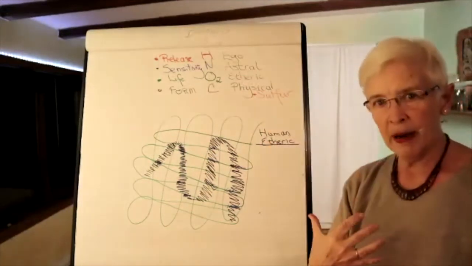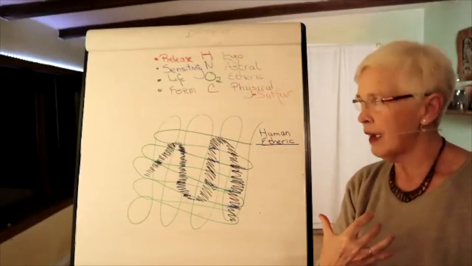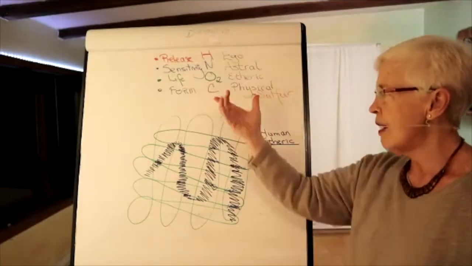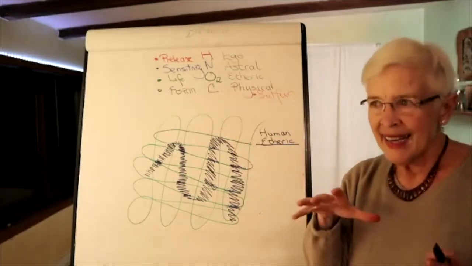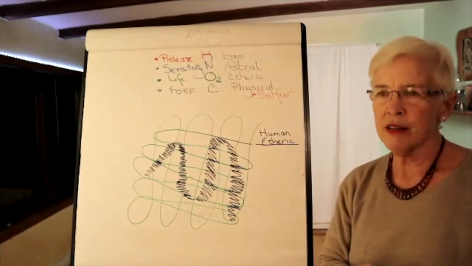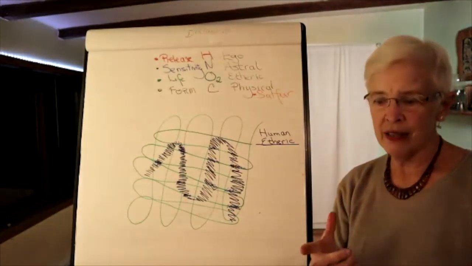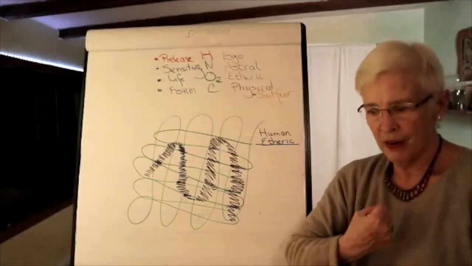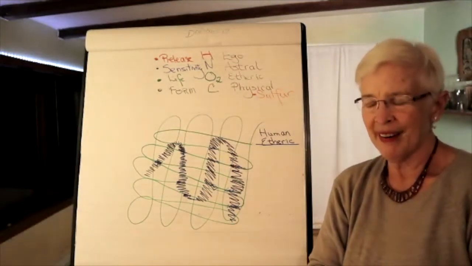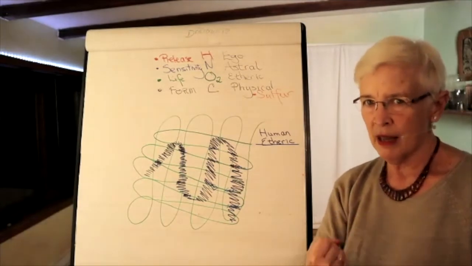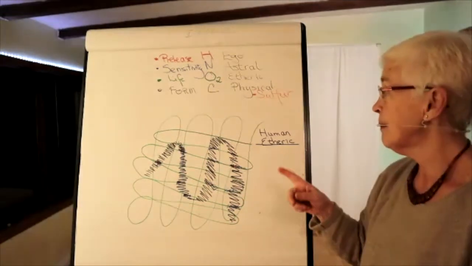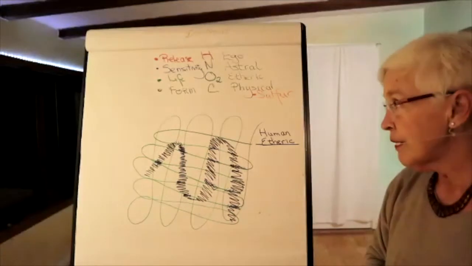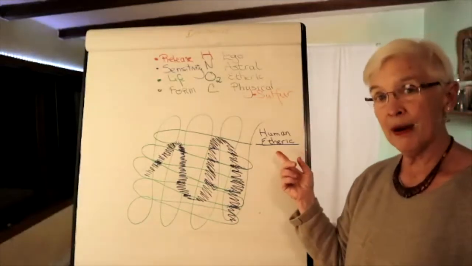Nonetheless, your etheric body is really individualized, and also your physical body, initially strongly determined by what you've inherited, but in time, through the work of your ego being born into your body, it becomes individualized for your own personal development.